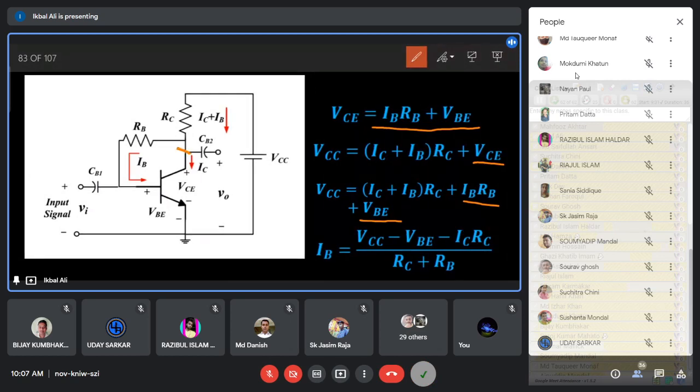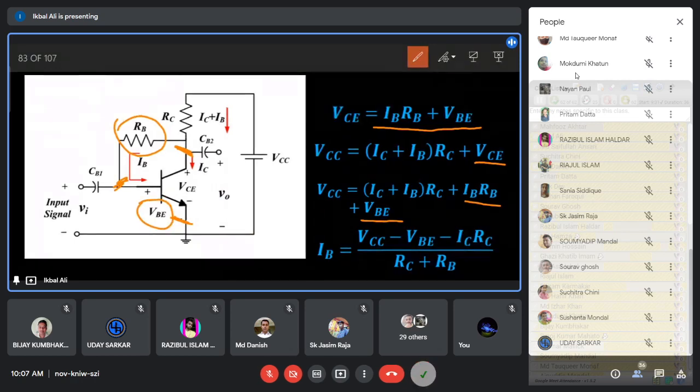The potential drop between the collector and emitter is just the potential drop across the resistance RB, then the potential drop across the base and emitter, VBE. The summation of these two potentials gives you VCE. So we have framed this and substituted it into this second equation to obtain this one.